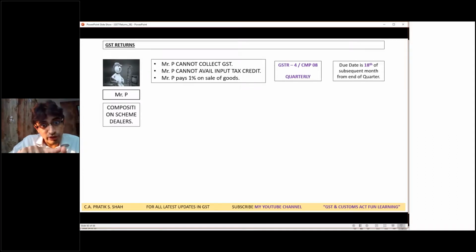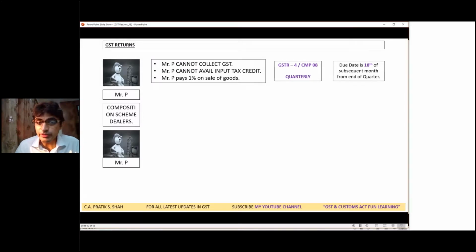An objective question. Suppose quarter is July, August, September. When do you need to file? 18th October. October, November, December. When do you need to file? 18th of Jan. Clear? This is for composition scheme dealers.